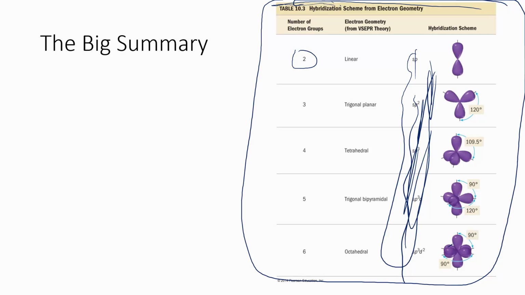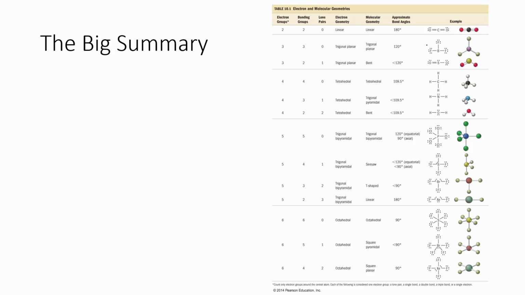Okay, so linear, trigonal planar, tetrahedral, trigonal bipyramidal, or octahedral, that's the basic shape that it forms. But if we start looking at the number of bonding groups and the number of lone pairs, we see deviations from that, and we can get all sorts of other shapes, such as bent, trigonal pyramids, seesaw, T-shaped, square pyramids, square planar, all of that sort of thing.